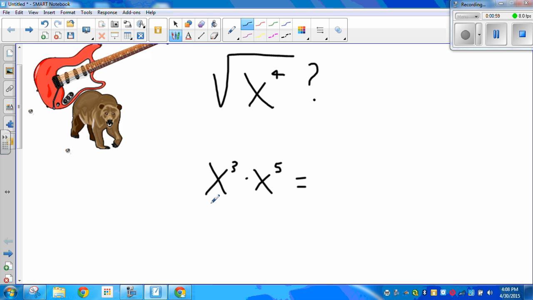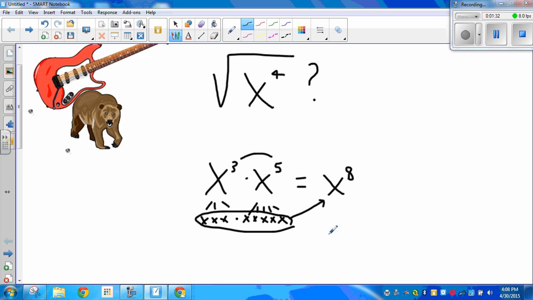So in layman's terms, x times x times x, that's x cubed, multiplied by x times x times x times x times x, which is x to the fifth. No wonder we say x to the fifth. It is simply the sum of all of these x's, or the sum of the exponents, or x to the eighth.